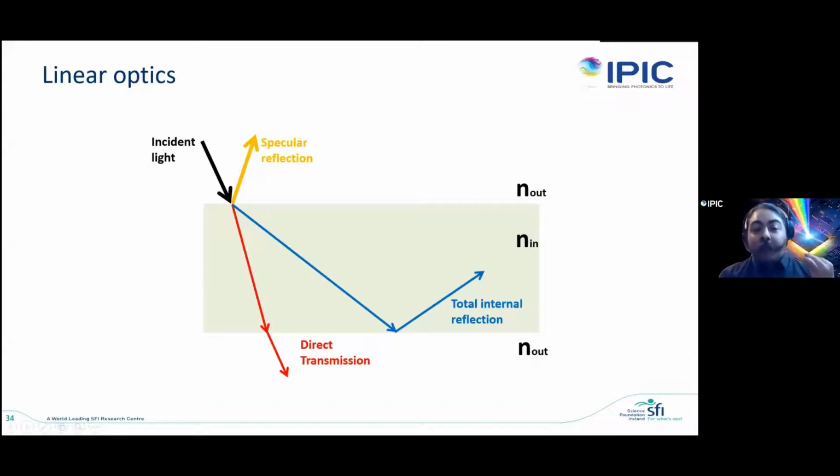If it goes inside, depending on the angle and the refractive index, we can have total internal reflection. And if the light is transmitted, we can have a direct transmission. This is how we see it in linear optics.